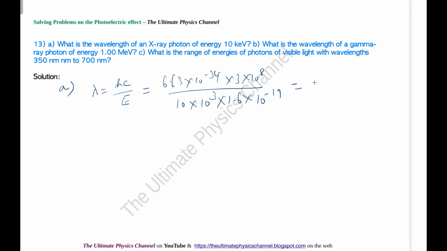If you work this out, you would get about 1.24 into 10 power minus 10 meters, or 1.24 angstrom units.